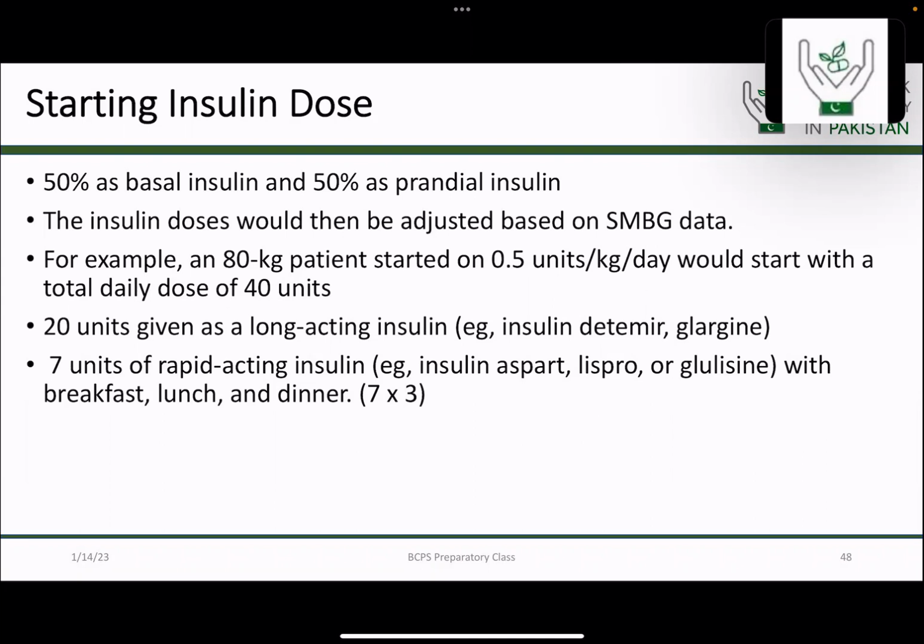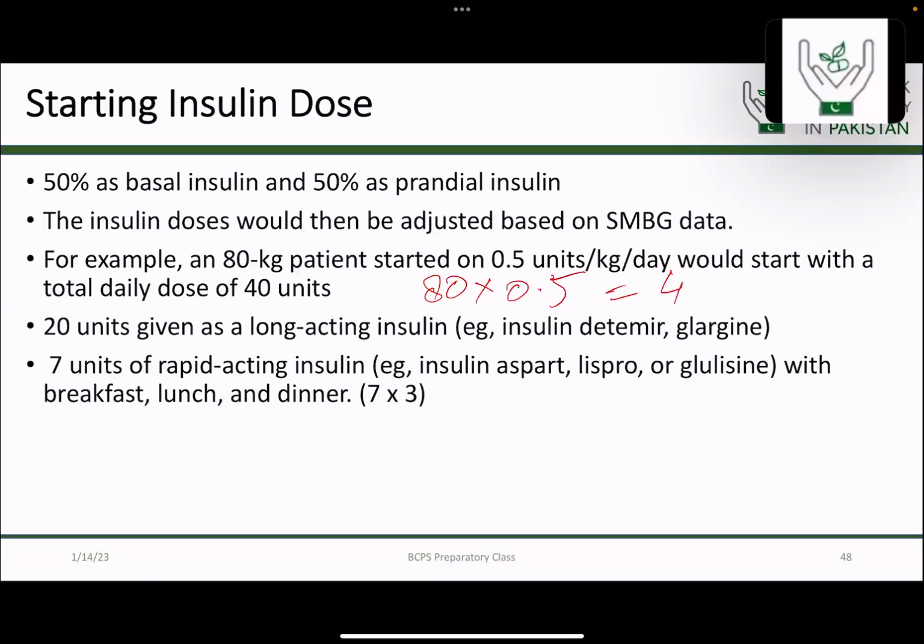For example, if a patient is 80 kg and we want to start insulin, and the insulin requirement of the patient is 0.5 units per kg per day, the total daily dose for this patient would be 40 units. We multiply the weight of the patient by the units required.